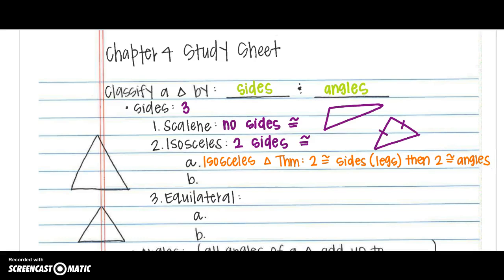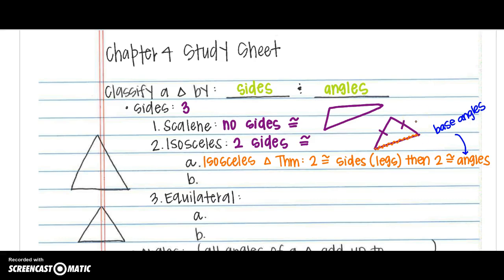And those angles, just as a reminder, are called your base angles. So we'll call those 2 congruent angles the base angles. And we'll label a triangle that's isosceles, but those base angles, remember, lie on the base. They lie on the base. And if I look at my isosceles triangle, there is my base.